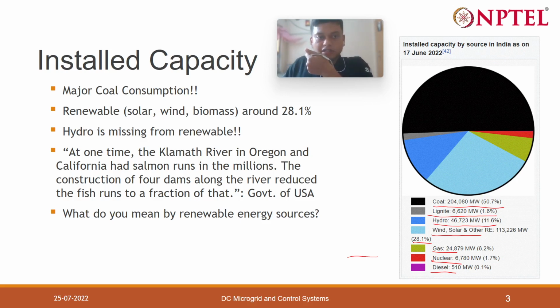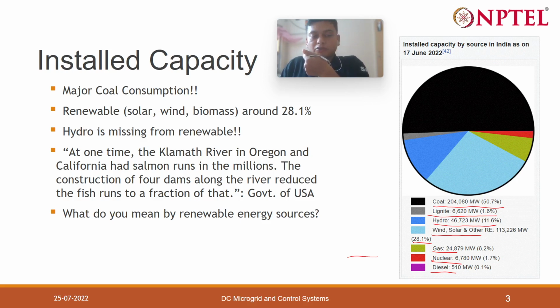And here one important point is that hydro is missing from these renewable resources. That is because if you set up a hydro based plant in an area, then you are playing with nature.